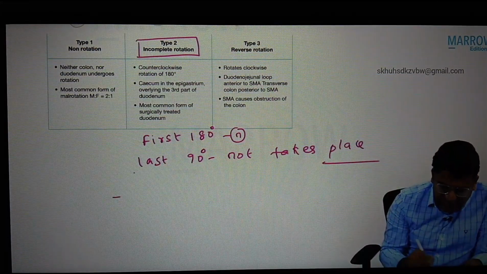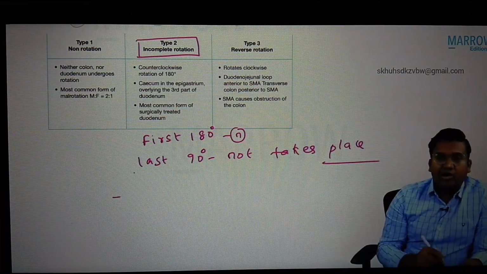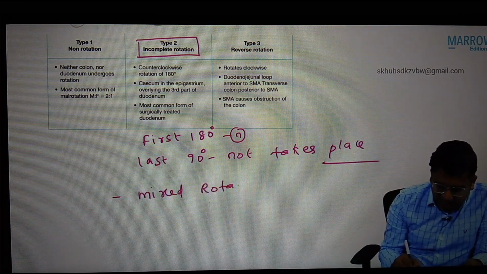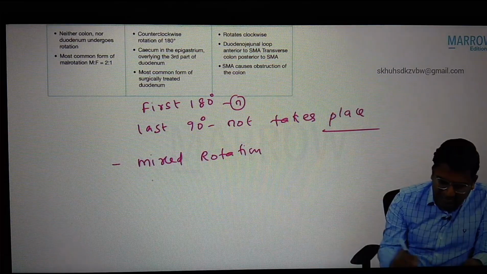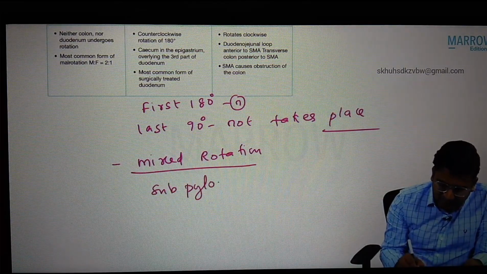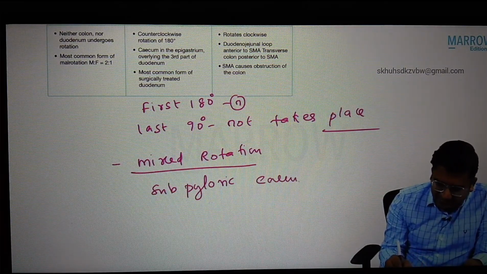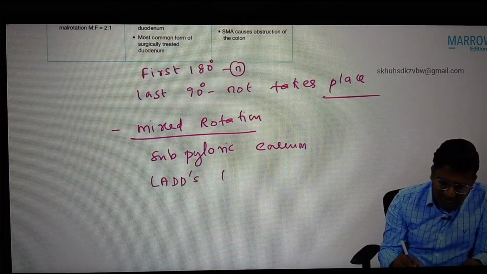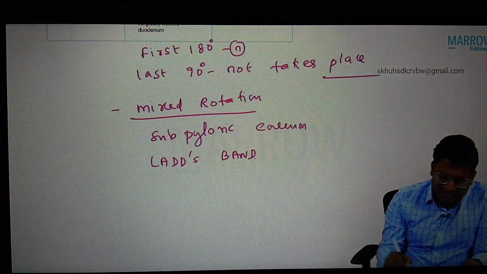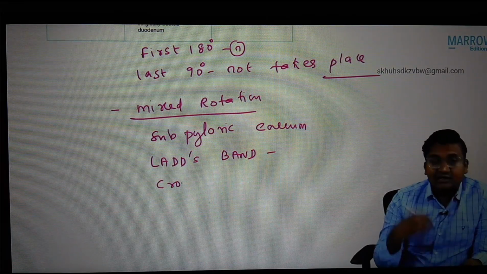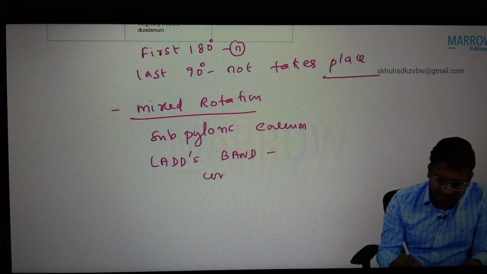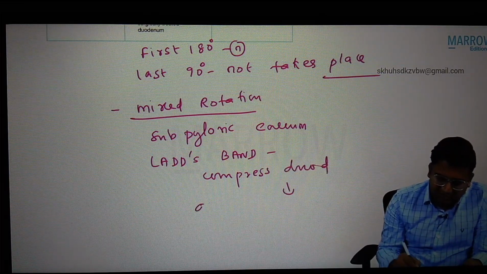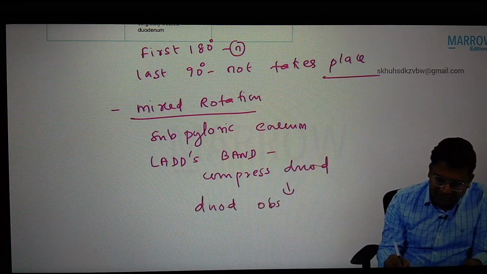Please write the features of the incomplete rotation or mixed rotation. Number 1, subpyloric cecum. Number 2, you will see the Ladd's band, which compresses the duodenum, and the baby will have duodenal obstruction.